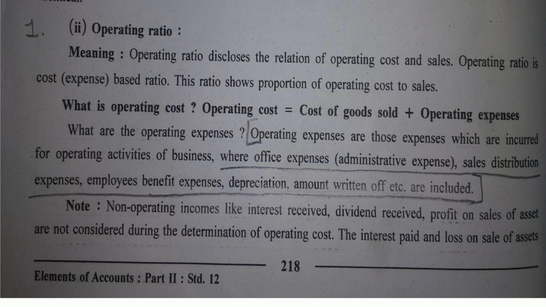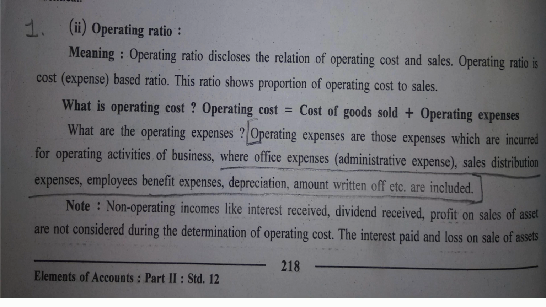What is operating ratio? The meaning is given on page number 218. You can use your textbook, or you can pay attention to the screen. Operating ratio discloses the relation of operating cost and sales.